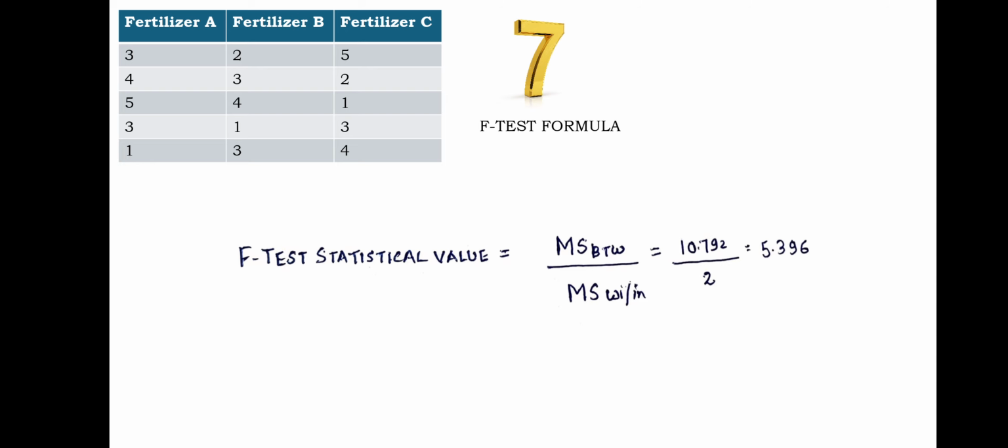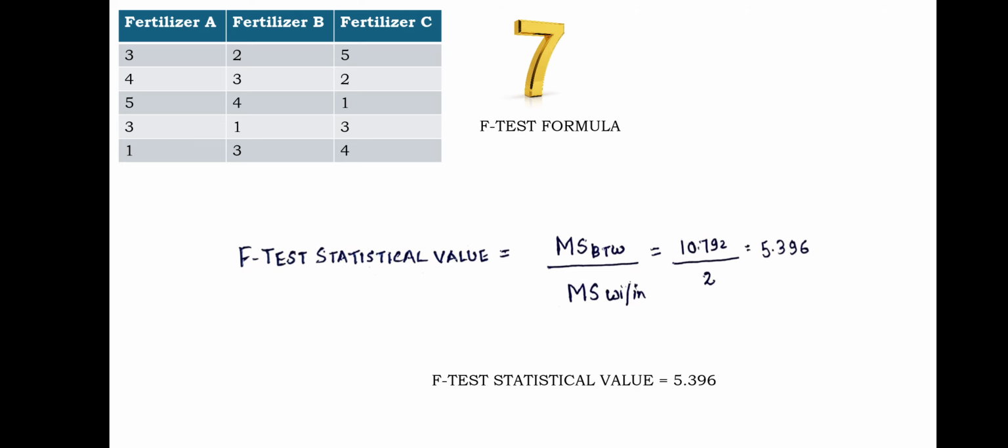So in our exercise, in steps 5 and 6, we found the mean of sum of square between the groups and the mean of sum of square within the group. So the between the group variance will be 10.792 and the within the group variance will be 2, and our F-test statistical value is 5.396.